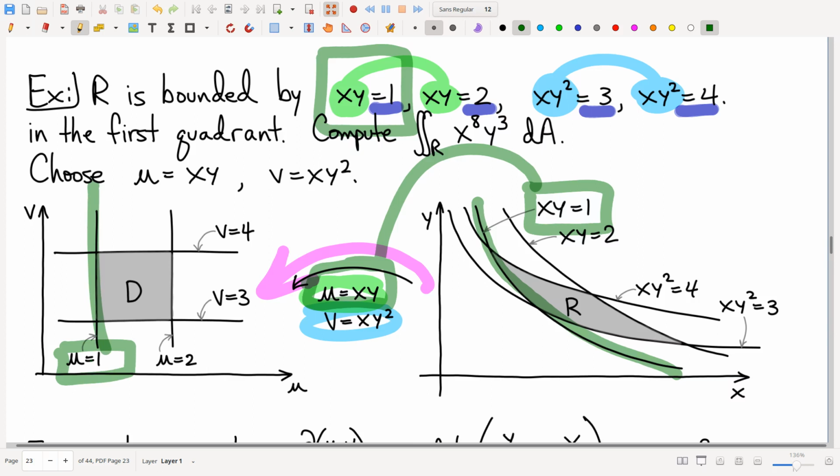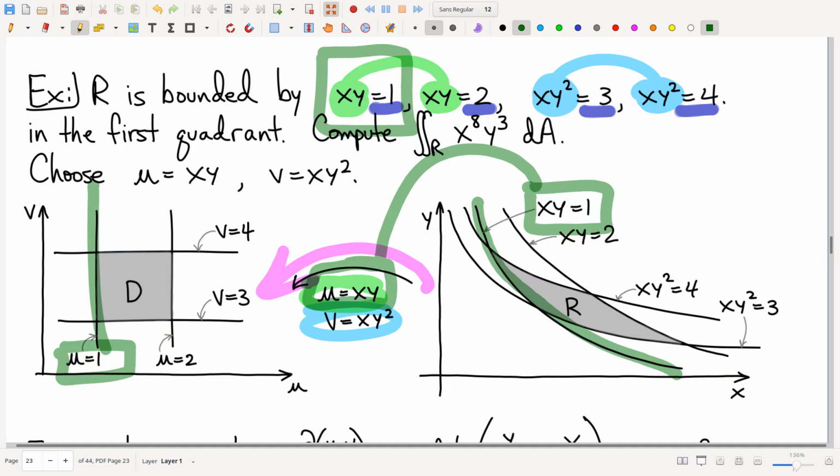Isn't that handy? Good news, right? So now you can kind of see why it was so important that these be level sets. I need xy equals a constant here, so I'll get u equals a constant over here, which is what gives me a straight line. And then likewise for all the other curves.